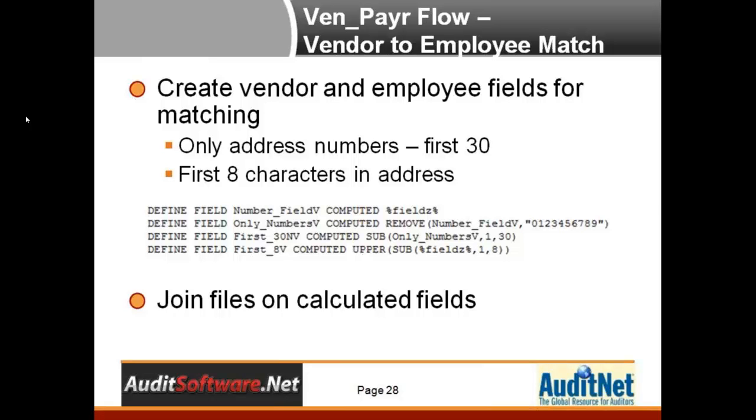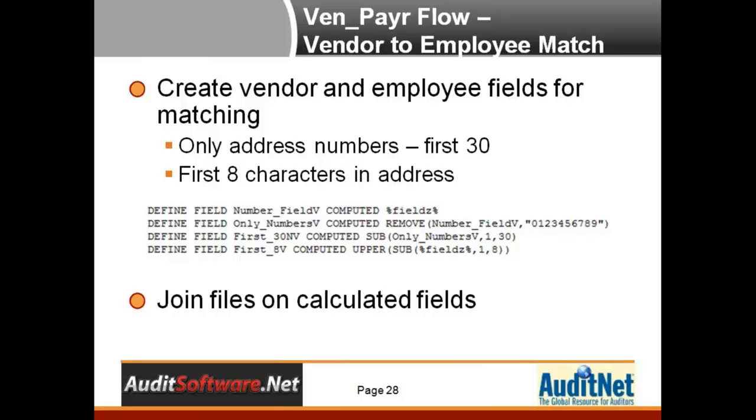In this case, an address field that will be the first 30 characters that are numbers only, just the numbers. And the other one is just 8 characters within the address: the first 8 characters in the address, regardless if they're numbers or letters or blanks or what have you.